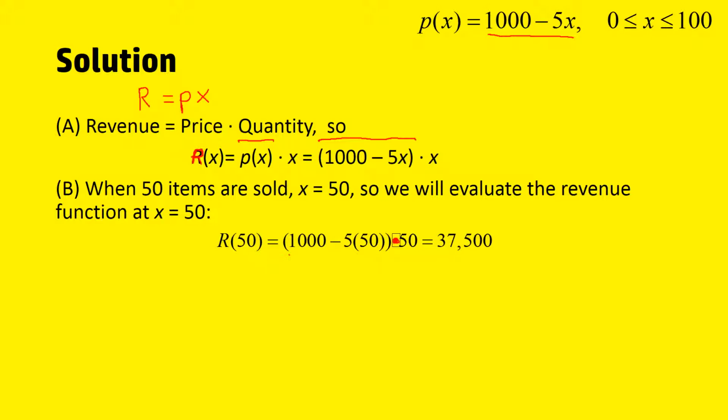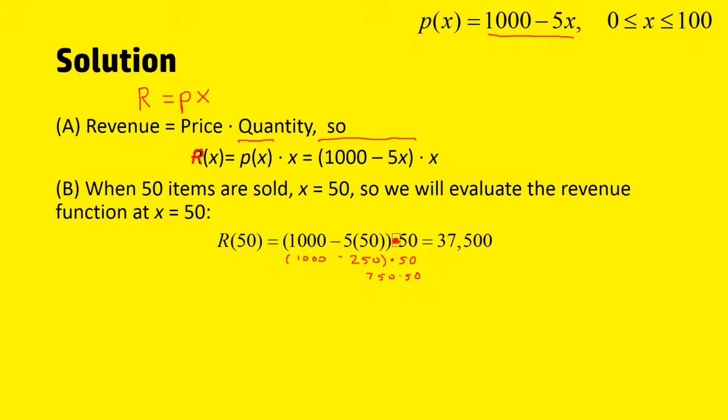And so we have 1000 minus 5 times 50, multiplied by X again, which is 50, and that's 1000 minus 250 times 50, which is 750 times 50, or 37,500.